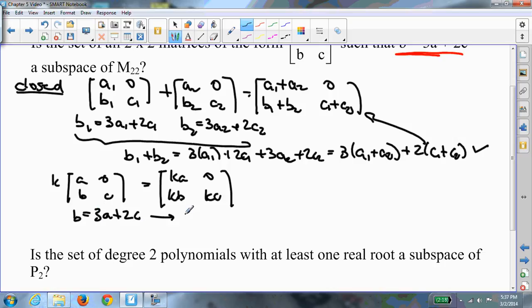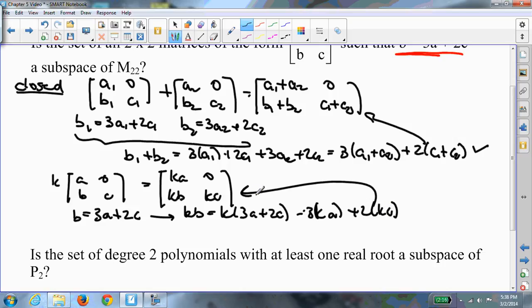If I multiply b by k, I get kb equals k times 3a plus 2c. But that equals 3 times ka plus 2 times kc, which again satisfies this. So it's closed under addition and scalar multiplication, and that makes this first example a subspace.